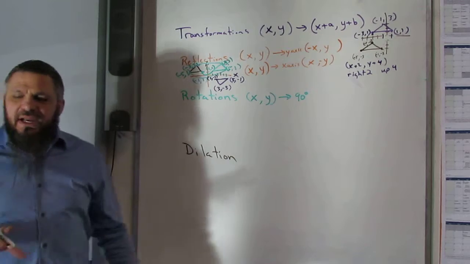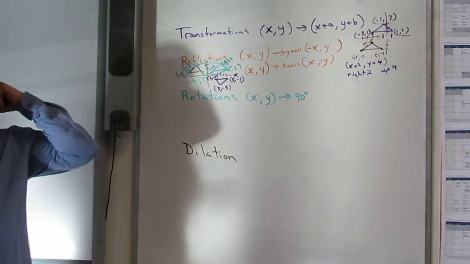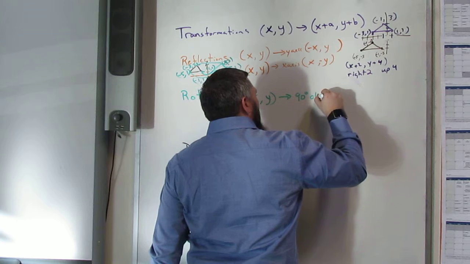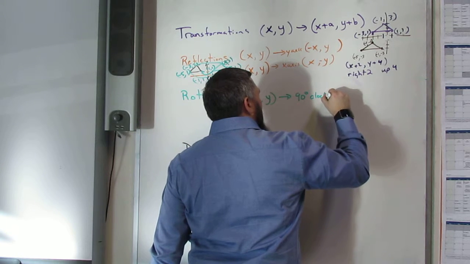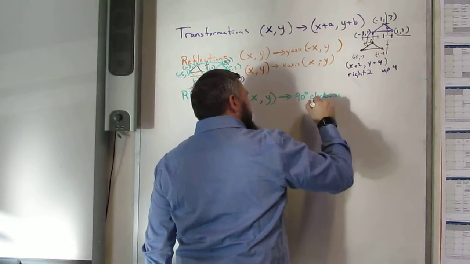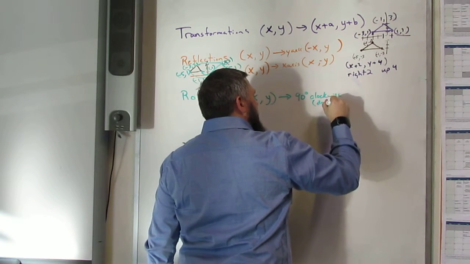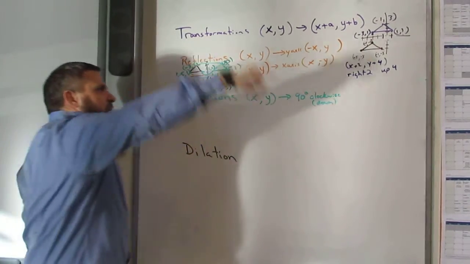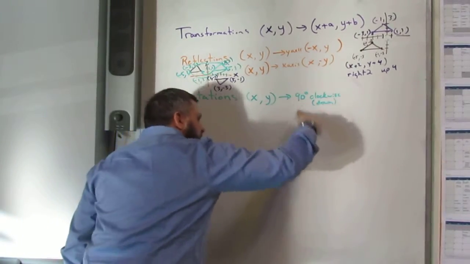So let's start with the 90 degrees clockwise. A clockwise is also considered a downward, because clockwise is this way, and so we're going down.